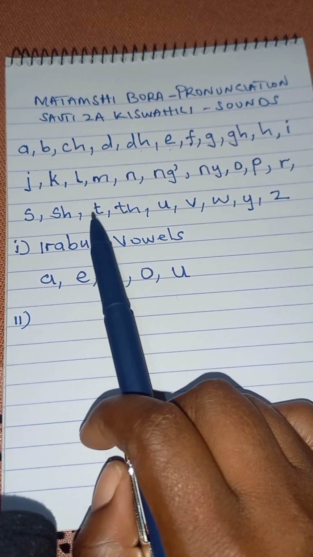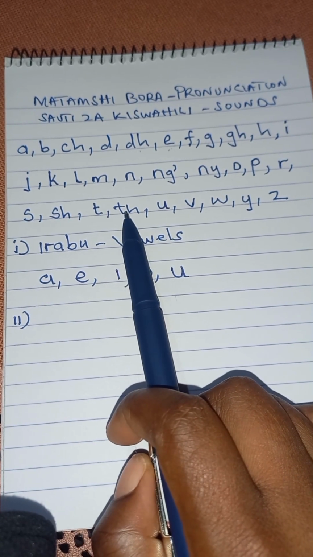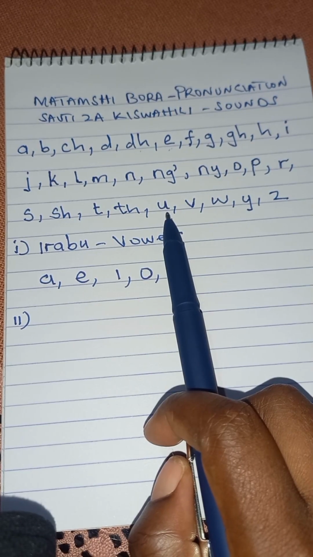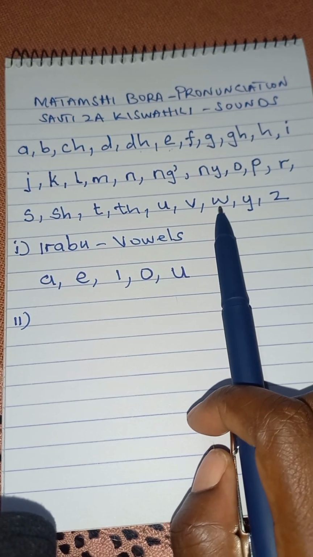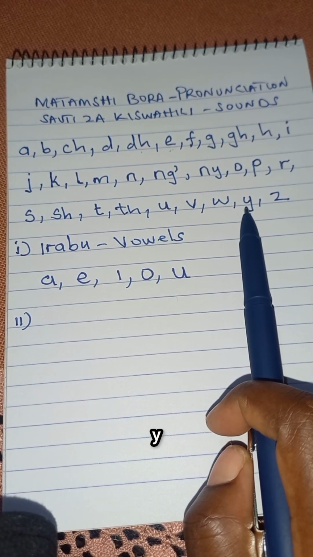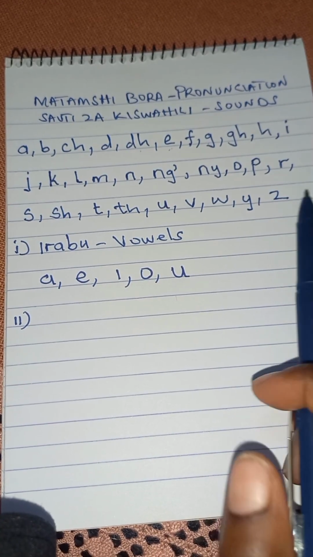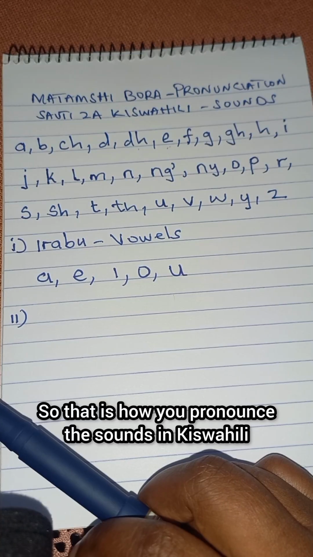Sh. T. T. U. U. V. V. W. W. Y. Y. Z. Z. So that is how you pronounce the sounds in Kiswahili.